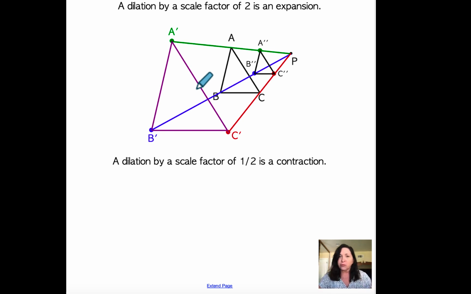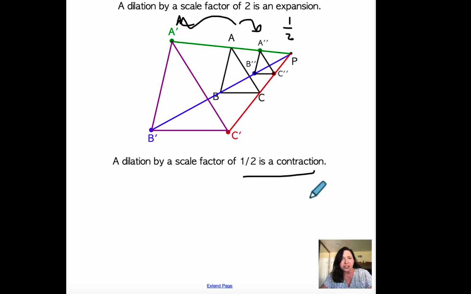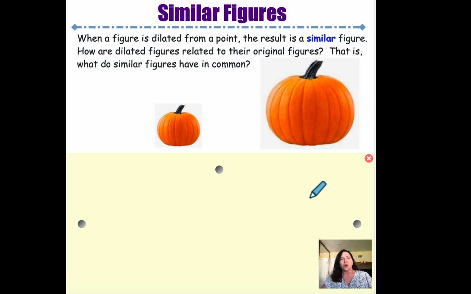So like for this one, from here to here, right, I doubled that. But going backwards, I reduced it by a half. And so that's called a contraction or a reduction. Okay, so we have 2 similar figures in dilation from a point that result from some sort of similar figure.